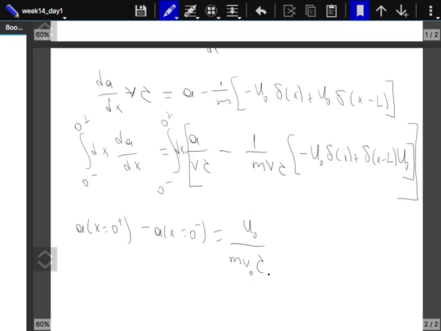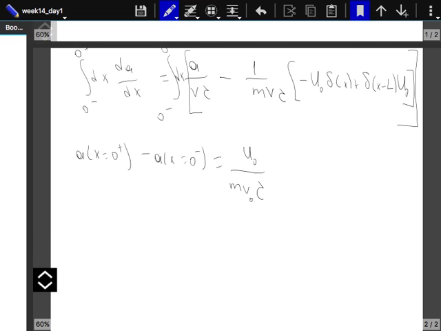This is how the acceleration changes as I go from x is equal to 0 minus to x is equal to 0 plus. So basically, since it doesn't accelerate before hitting the barrier, the acceleration at t is equal to 0 plus, just as it has crossed the boundary, should be equal to u0 over m v0 tau. v0 is the initial speed with which I am sending my particle.